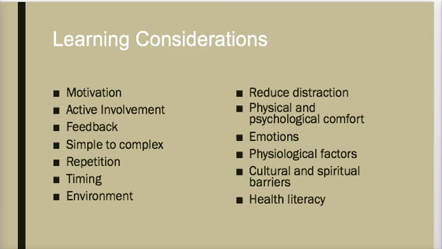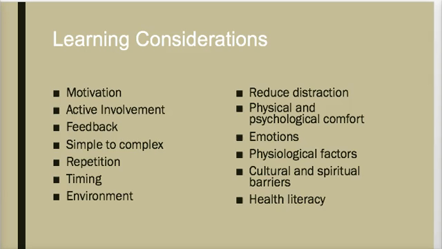The environment, there has to be an optimal learning environment. That means that you need a quiet place without distractions. Physical and psychological comfort are also considerations with learning. Emotions greatly influence learning. So if somebody is very anxious, that will impede their learning.